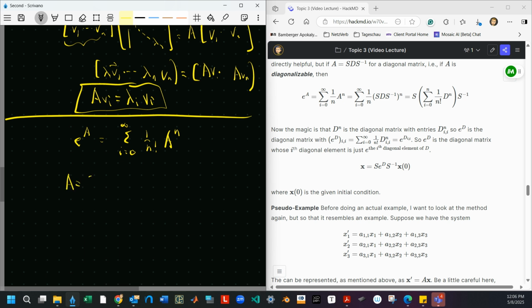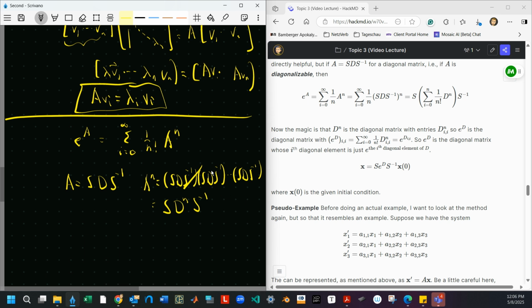If A is equal to S D S inverse, then A to the n is S D S inverse, S D S inverse, a bunch of times. But these cancel out in pairs, so this is really just S D^n S inverse.